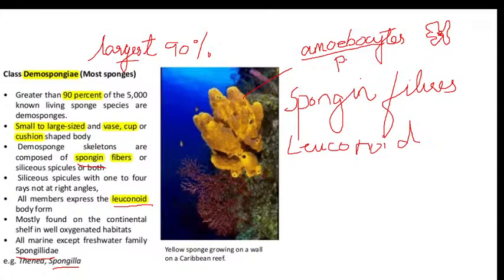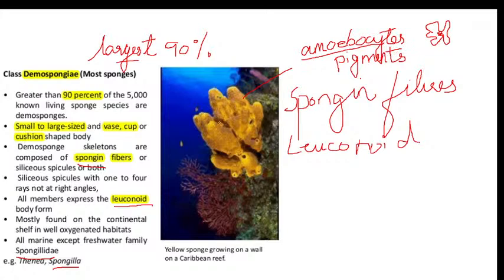Certain pigments are found in the amoebocytes. It depends on the type of pigment. Some pigments are red in color, some are purple, some are green, and some are yellow in color.